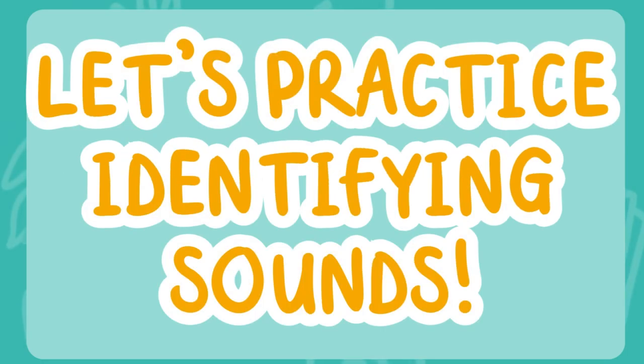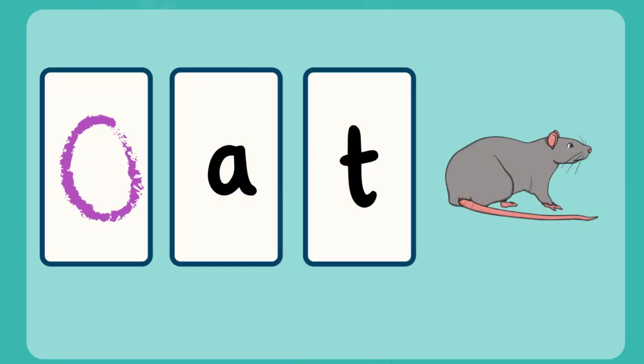Let's practice identifying sounds of a CVC word. Here I have the word rat. I have 3 letters that build the word rat, but oh no, I'm missing the very first letter. I see that I have a, t, but I'm missing the first sound.